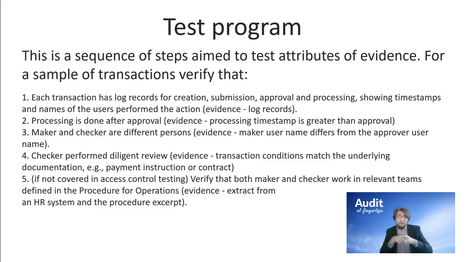Right, so step number 2. First, we check whether the processing is done only after the approval, meaning that first goes the approval. First, the checker reviews the transaction, because the risk may materialize when we process the transaction and get it out of the door.